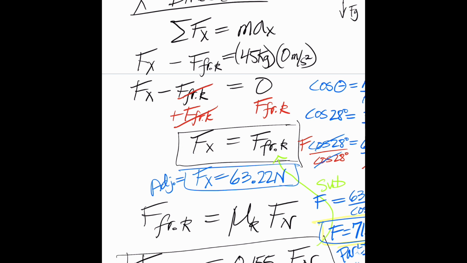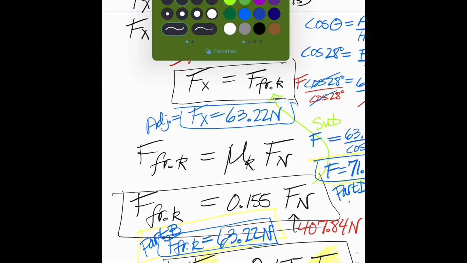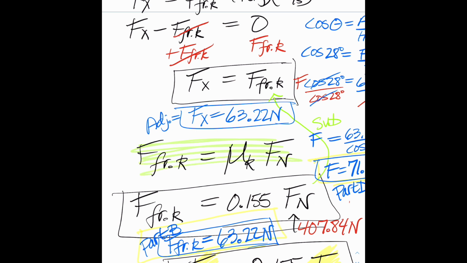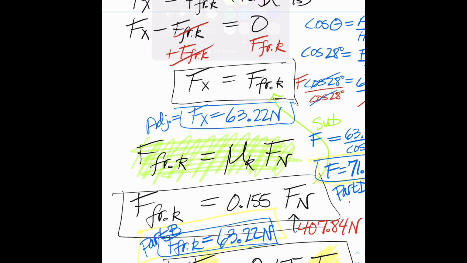A little extra step here was having to rely on this equation right here, which was kind of extra, right? Having to rely on that equation too to get the problem done.